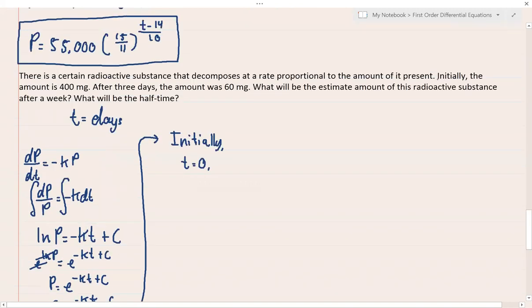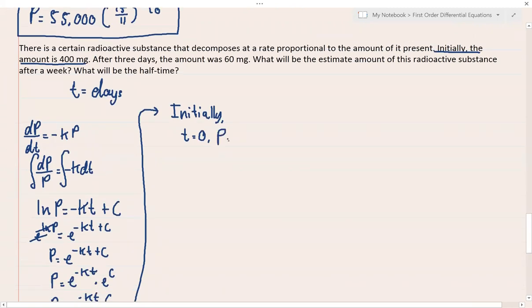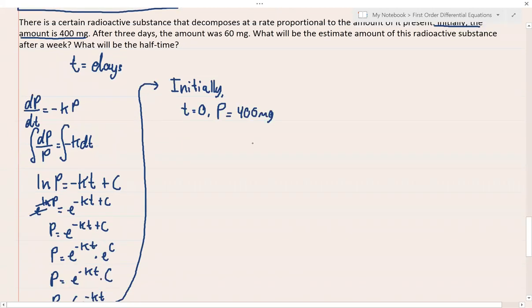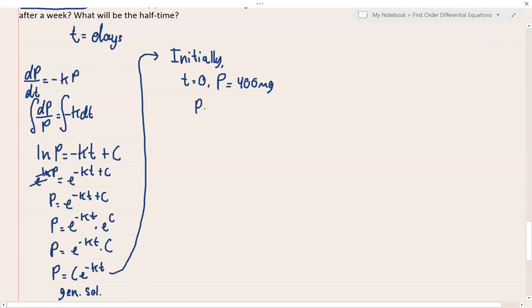Then, meron pa tayong given. Initially, the amount is 400 milligrams. Therefore, your P is 400 milligrams. So, sa formula natin, we have P is equal to C e raised to negative kt.